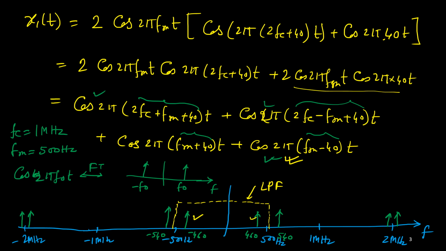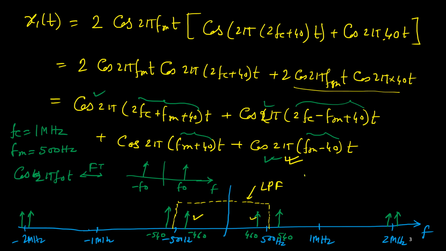All others will be rejected because it is a low pass filter. Only low frequencies within that band are allowed to pass. So the 460 hertz signal can pass through, corresponding to cos 2 pi fm minus 40 t.